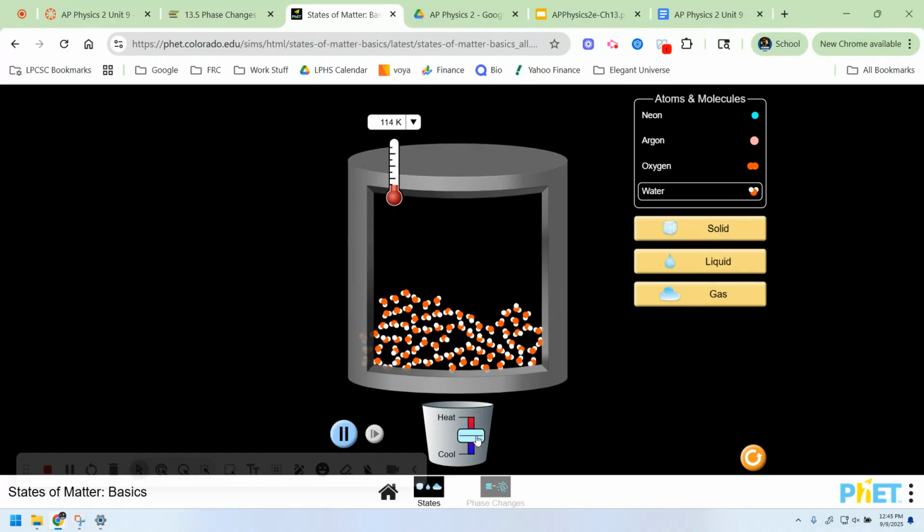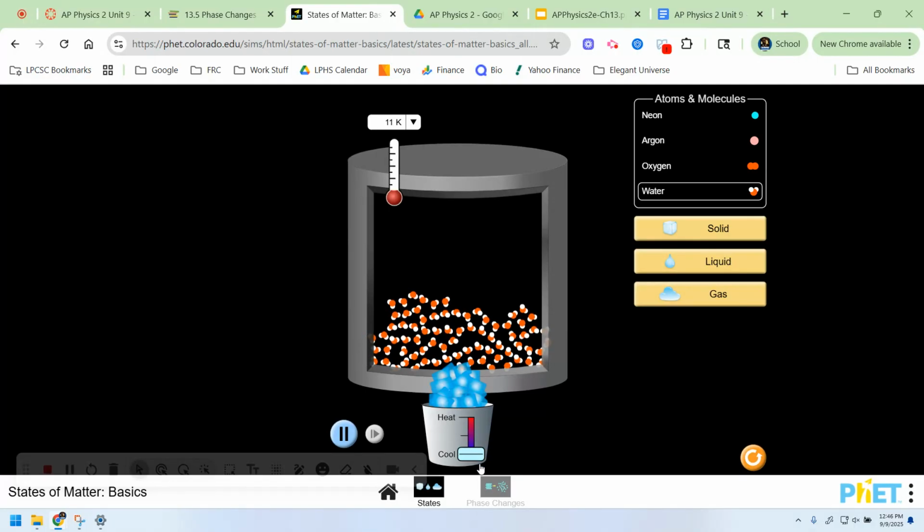And so if I just keep decreasing the temperature, an absolute value of 0 will cause them to not be able to move at all. Right? So if I bring that down to 0 Kelvin, this is absolute 0. There's no motion. So see how they're vibrating a little bit?